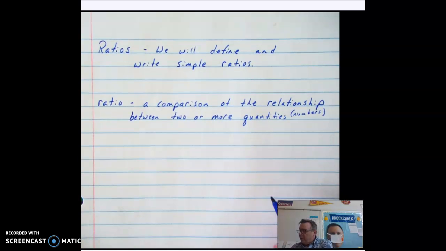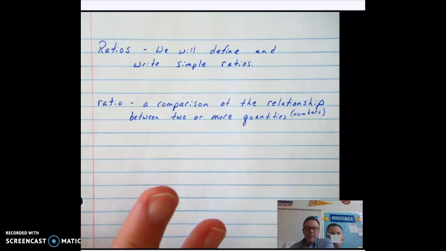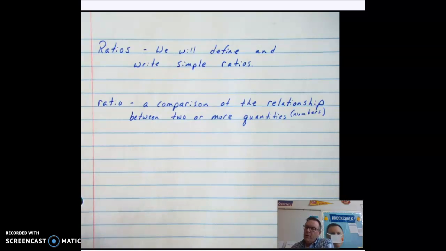Now the good news for us also is that ratios work in a really similar way to fractions. They're different, but there are a lot of similarities. And since we have done so many things with fractions, you're going to notice a lot of things that you already know how to do, which is fantastic.